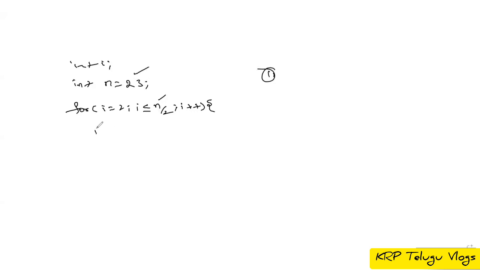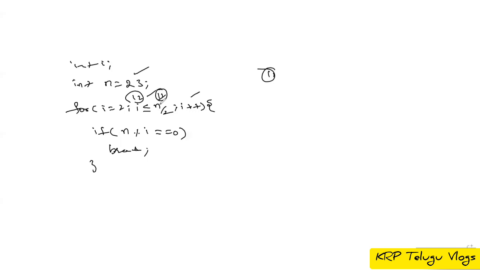If n modulus of i double equal to 0, that is, if it is divisible anywhere, we will break the loop. Otherwise, we keep incrementing. If it is nowhere divisible, i will become 12, which is greater than 11, so the loop ends.